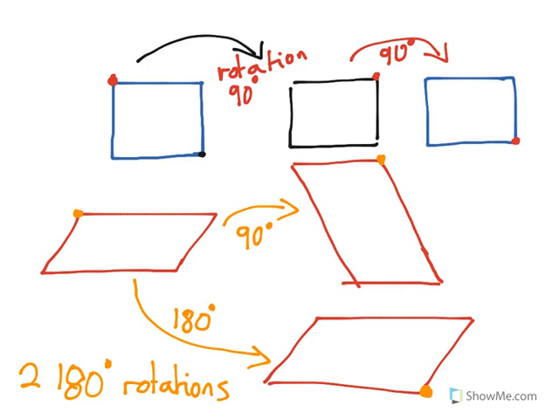The square, on the other hand, to get the square back to the original position, it would take 4 rotations at 90 degrees to get you back to the original position. So there's a little bit about symmetry and rotation and ratios.